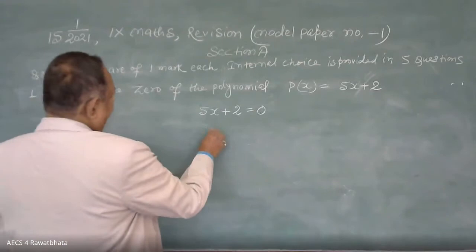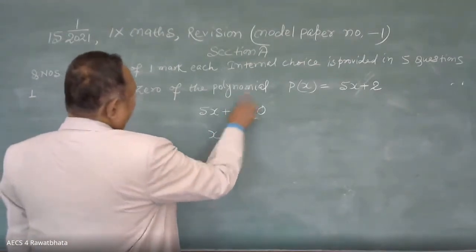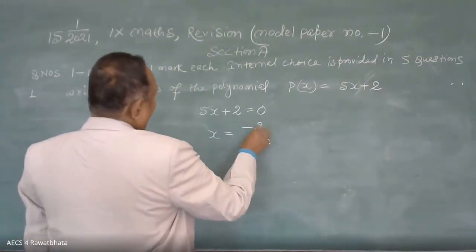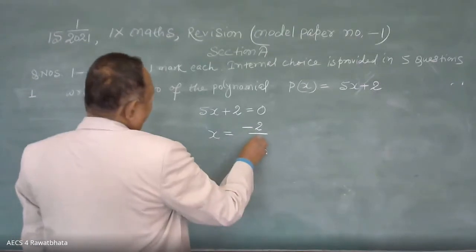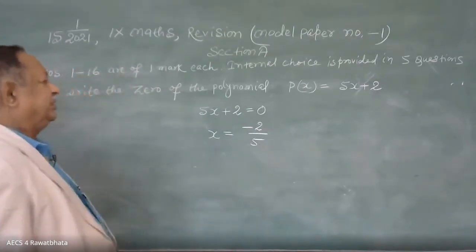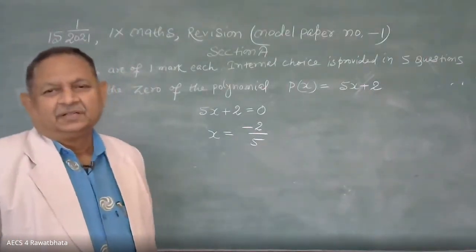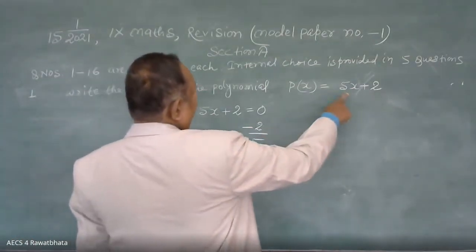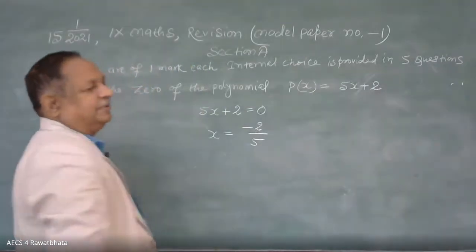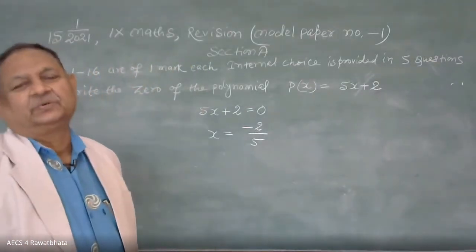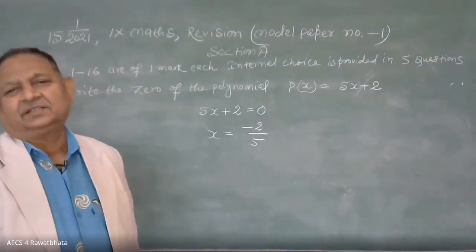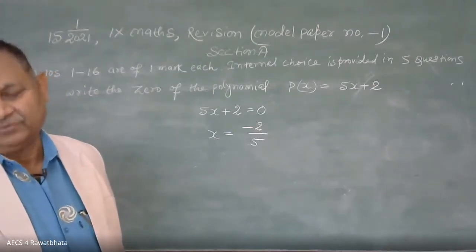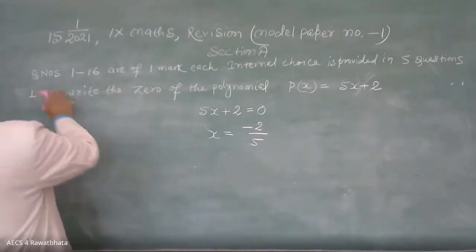So x will be, this is minus 2 and the coefficient of x will be in the denominator. If we put the value of x in this polynomial, the whole polynomial becomes 0. So the correct answer is minus 2 by 5. Third question.